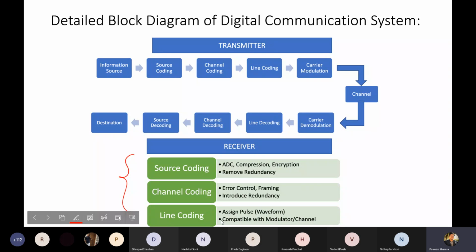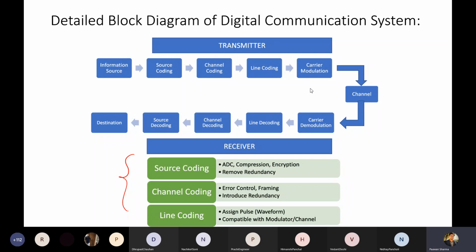And line coding, we have seen it. It is actually the electrical waveform of the equivalent bits. So it is a digital signal where you transmit different voltage levels depending on your line coding scheme. Okay, and they are made compatible with your modulator. So this is, you can see, carrier modulation.